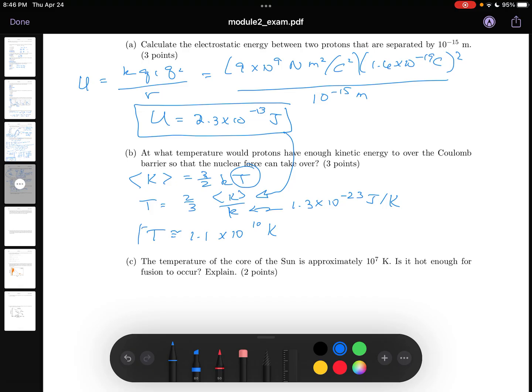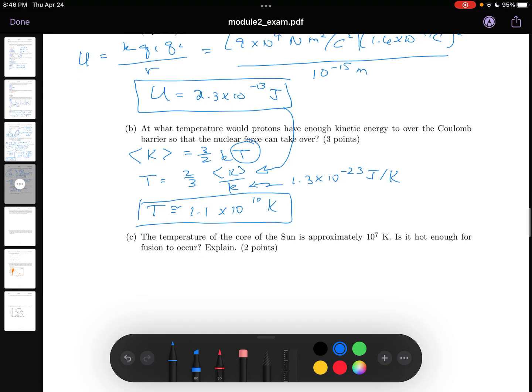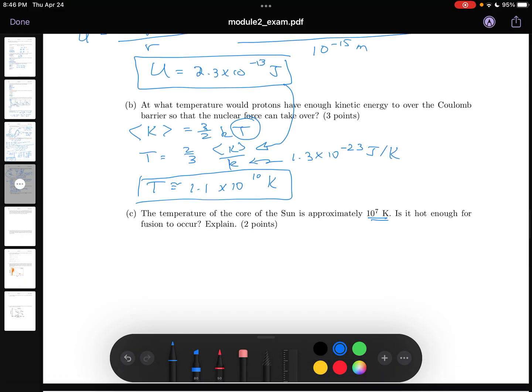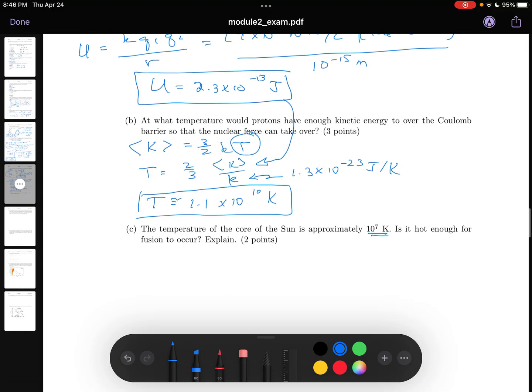Okay, so now we're up to the last part. The temperature in the core of the sun is 10 to the 7. Is it hot enough for fusion to occur? No, it is not, based on just this classical idea that you have to have enough kinetic energy to overcome the Coulomb barrier.